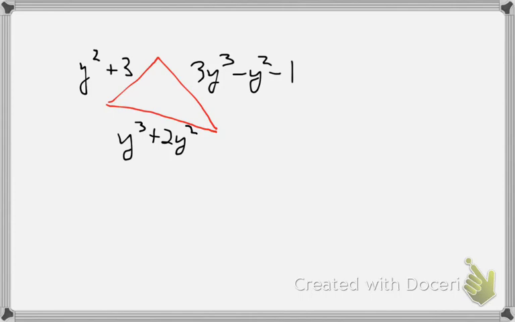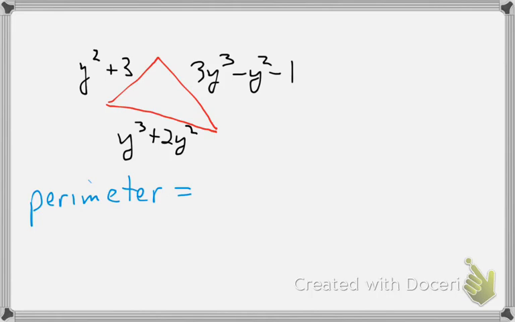Why not? How do I get the perimeter? Add them up. So I'm asking you to add 3 polynomials. How do we add them up? Combine like terms.